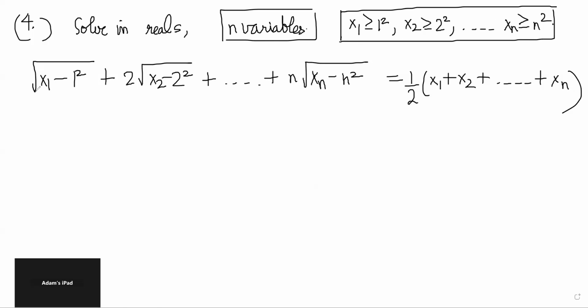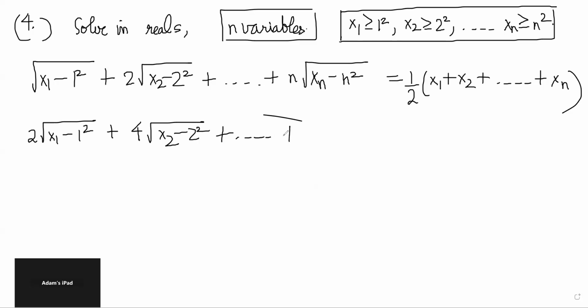We can multiply the 2 everywhere. So it will become 2 times root over x1 minus 1 square plus 4 times root over x2 minus 2 square and so on plus 2n times root over xn minus n square is equal to x1 plus x2 plus xn. Then let's bring the terms to one side.